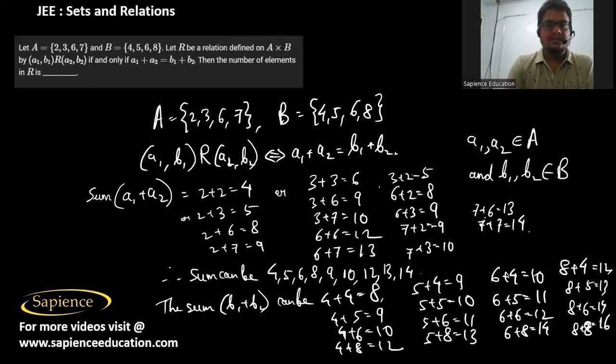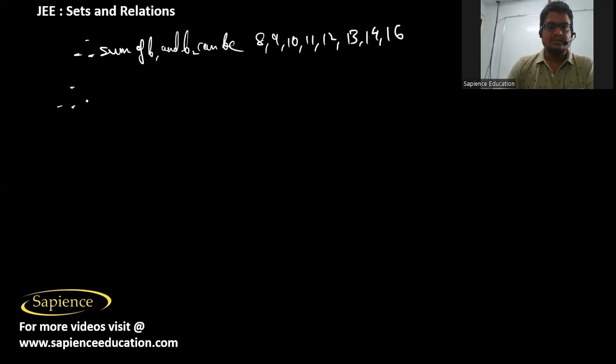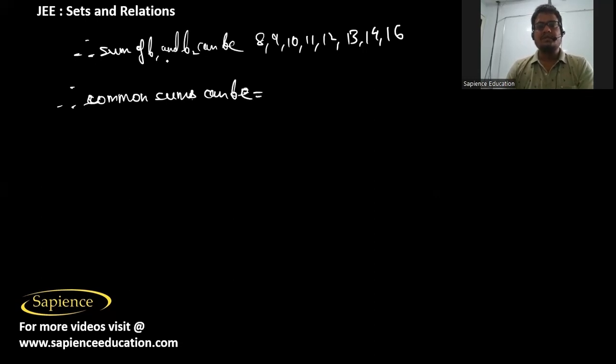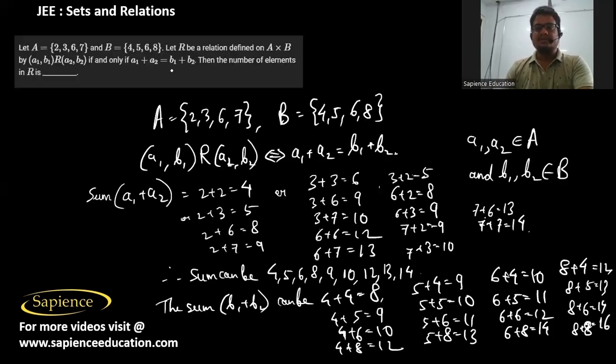Therefore, we have to find the common sums. Common sums means that the sum of b1 and b2 should be the same as the sum of a1 and a2. So here 4 is not there, 5 is not there, 6 is not there, 8 is there.